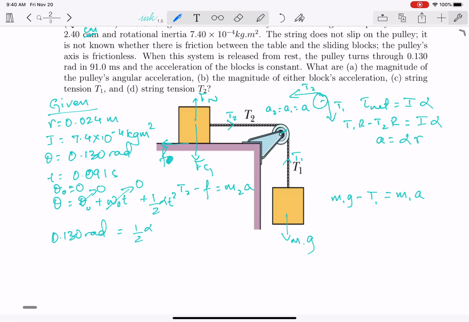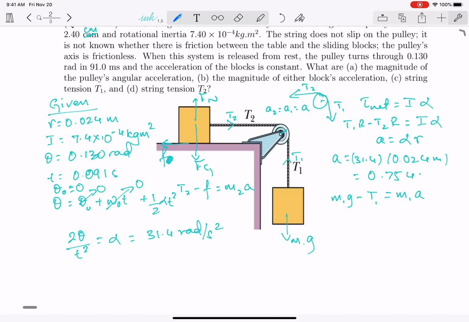So 2 theta over t squared equals alpha. If you plug in the values, you get 31.4 radians per second squared. From that we can find A, which is alpha, 31.4, times radius, 0.024 meters, that is 0.754 meters per second squared.